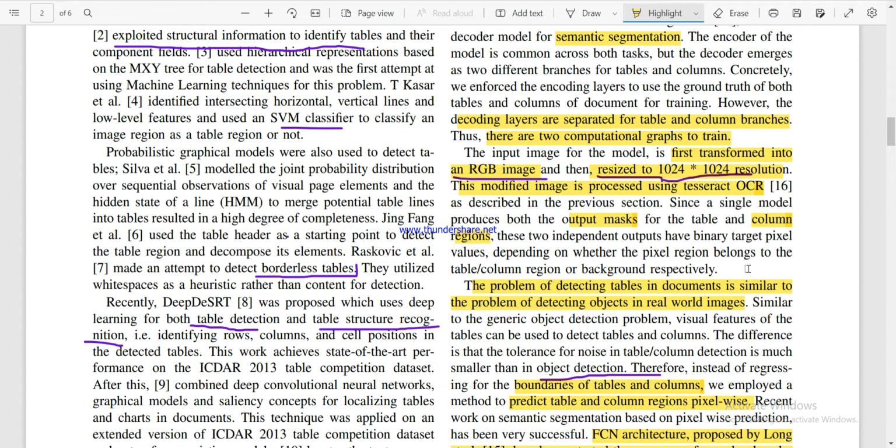So the problem of detecting tables in documents is similar to the problem of detecting objects in real world images. It's the same problem, whether you are detecting objects in real world images or tables in documents.